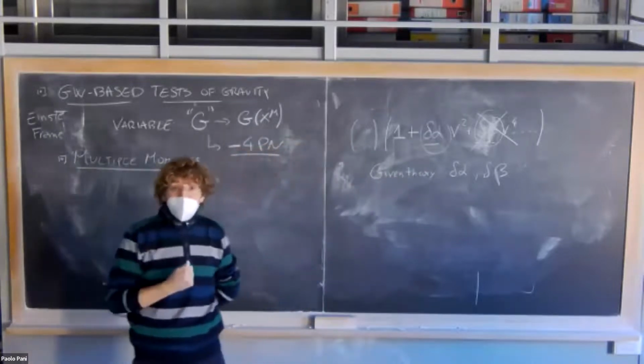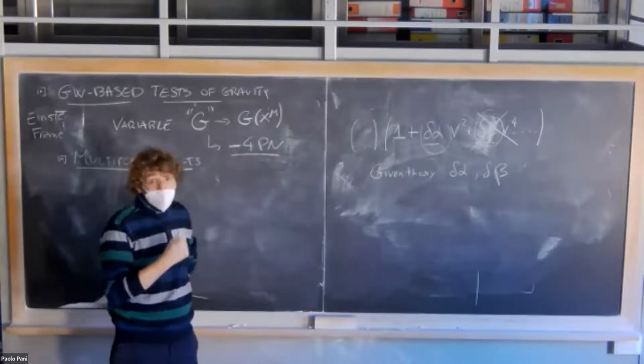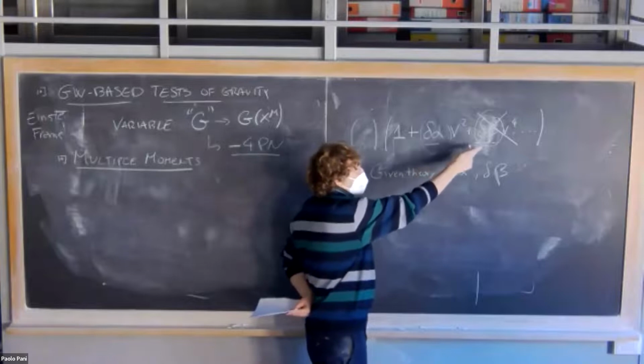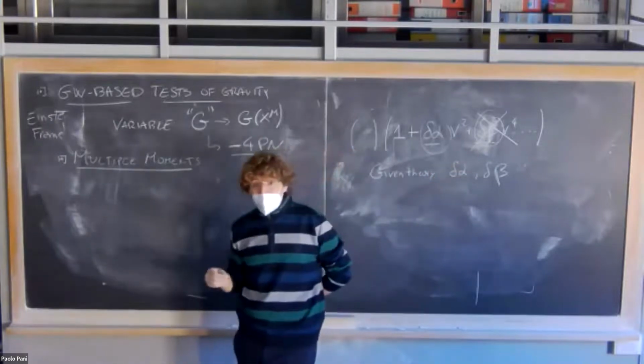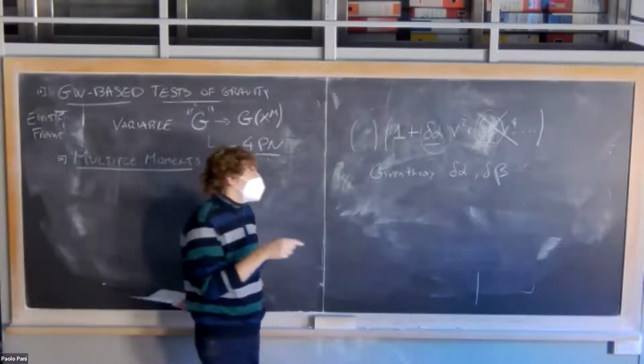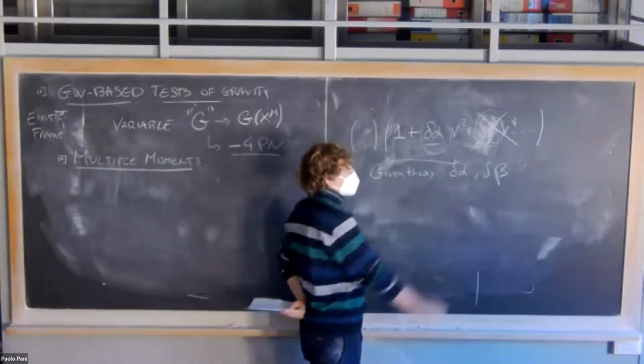So it will be very difficult, if the true signal contains both this delta alpha and delta beta, to be misinterpreted by a GR signal if I try to recover it just reducing this quantity here.